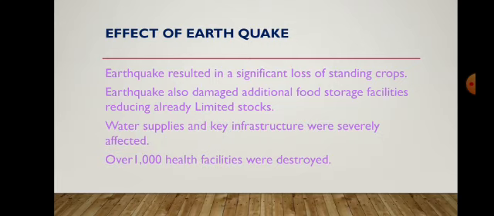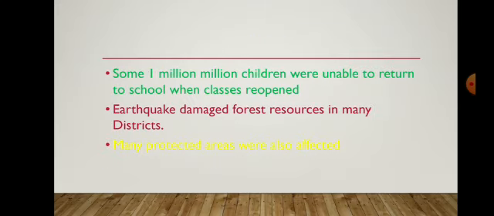Over 1,000 health facilities like hospitals and village birth centers were destroyed. Some 1 million children were unable to go to their schools when schools reopened at the end of May, because all the schools were also destroyed.